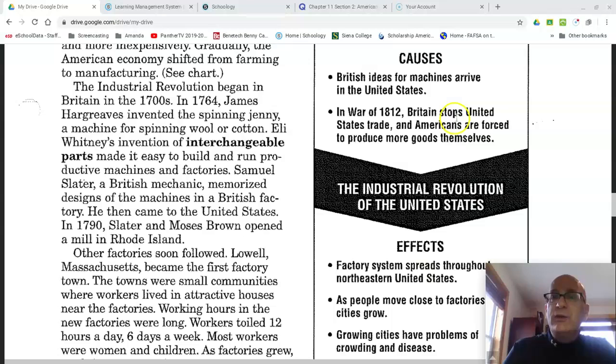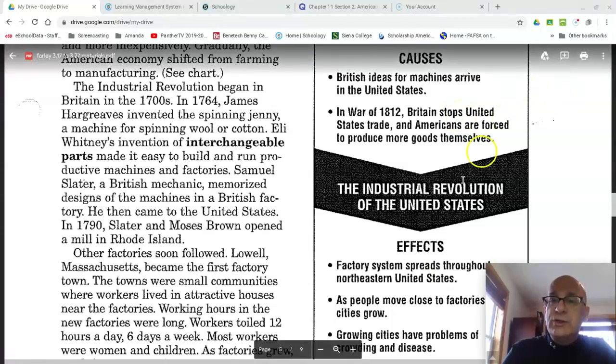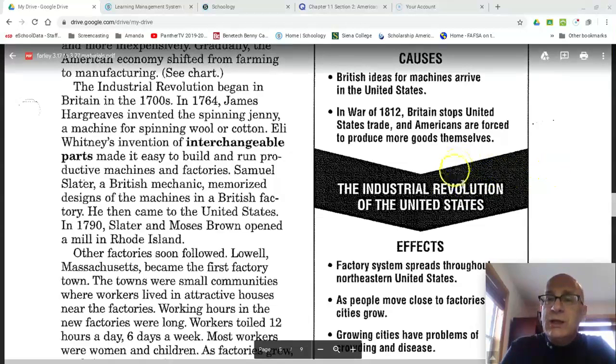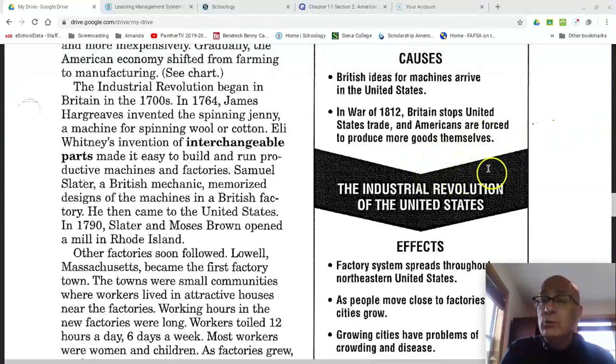A couple of major things were behind the cause of the Industrial Revolution. And by revolution here, we don't mean a war in the sense of the American Revolution. We mean a revolution meaning a big change. So when we talk about the Industrial Revolution, we're talking about a huge change in the way Americans manufactured goods, and in the way Americans worked as well.